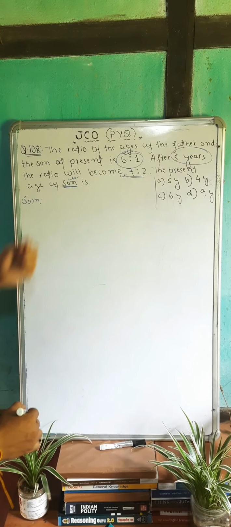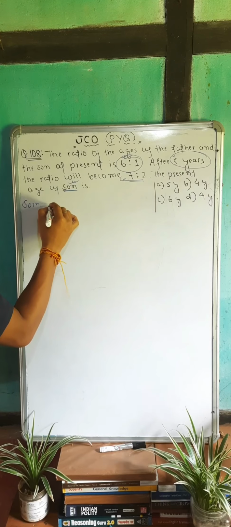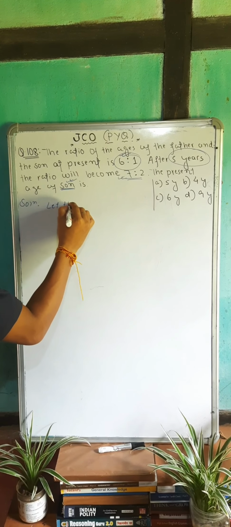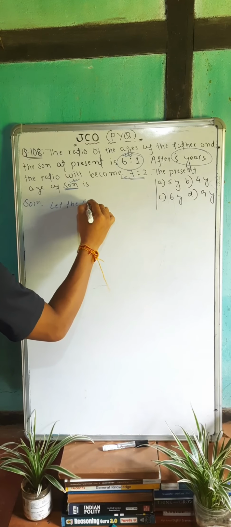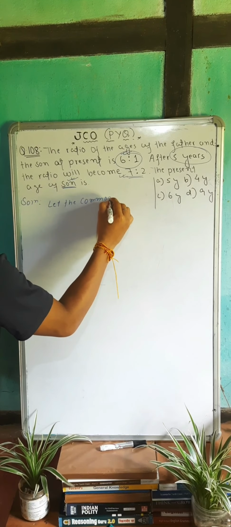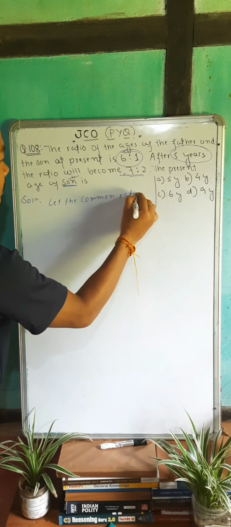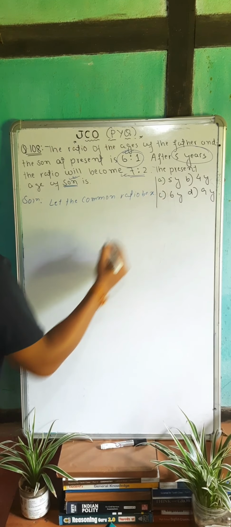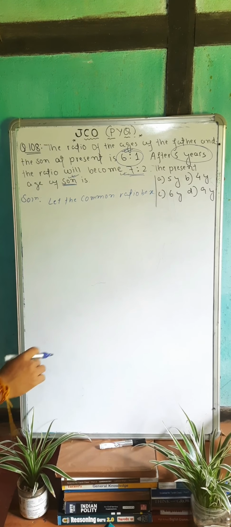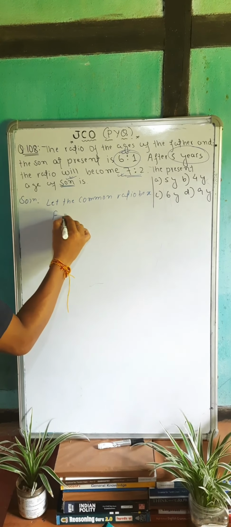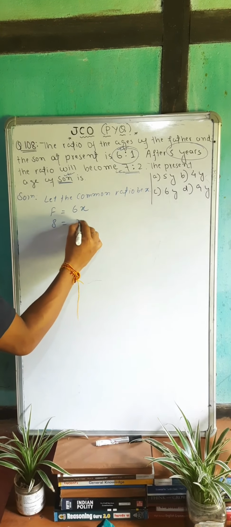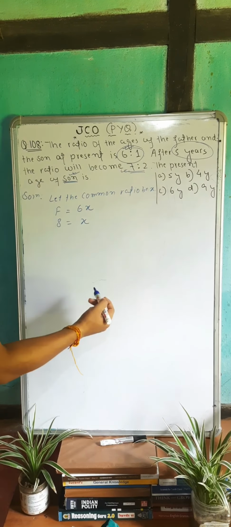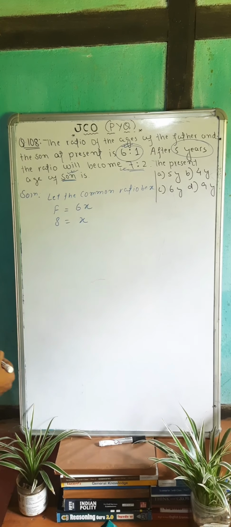So in this kind of question, we can write, let the common ratio be x between father and son's age. So father's age will become 6x, and son's age will become x. That is, 6:1 means 6x and x.